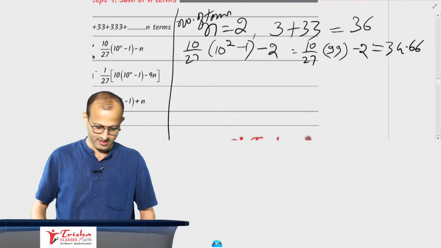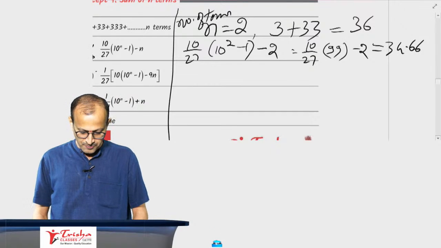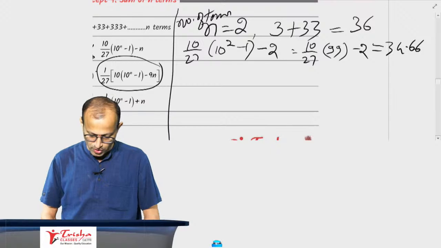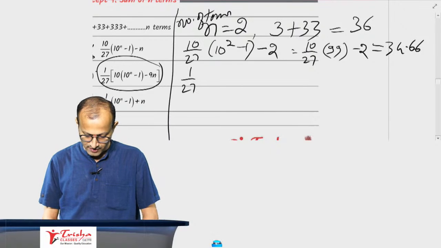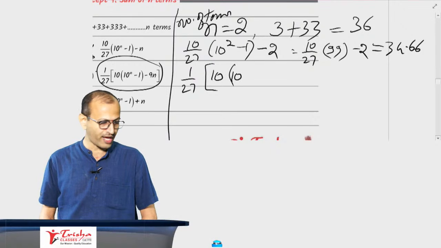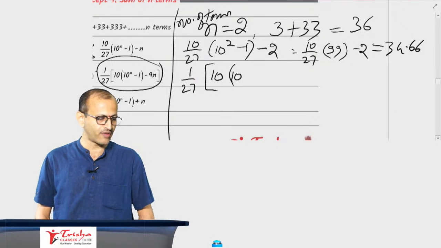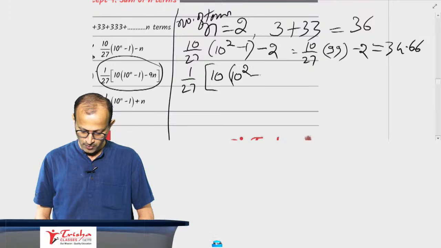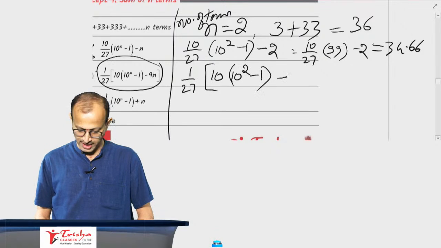Option A is wrong. How interesting it is. Now option B. In this you have to put n is equal to 2. 1 by 27 whole bracket, 10 into 10 to the power n value. What is n value? 2 minus 1, minus 9 into n value 2.